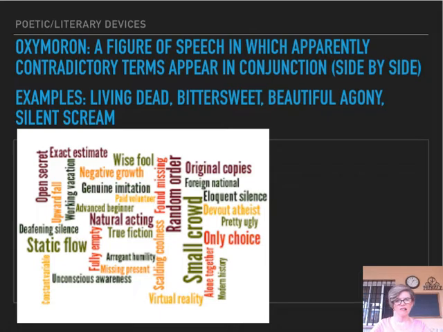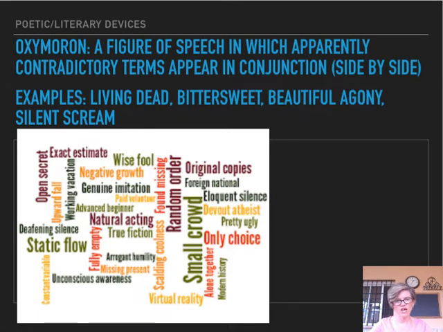Some classic examples are, the living dead, bittersweet. Those are two opposite ideas, but when you put them together, they create this new effect and new meaning that the two separate from each other don't capture.